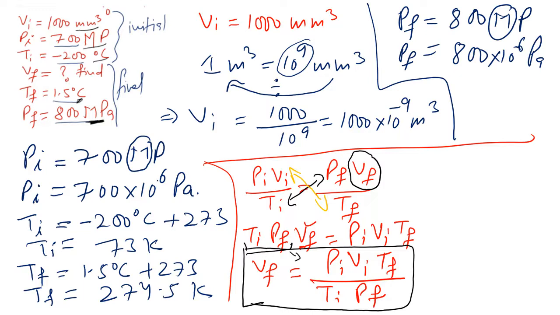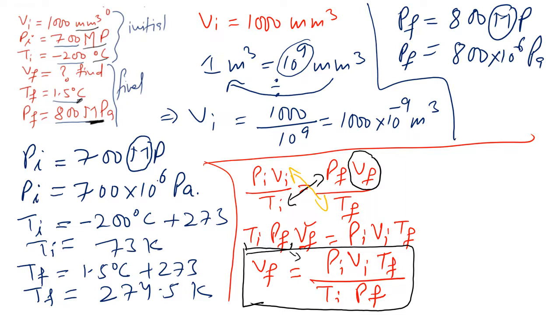So this is the value of the initial pressure, and the initial temperature is 200 degree centigrade. So what to do? Just you add the number 273. So it will be converted to Kelvin, and it is 73 Kelvin.